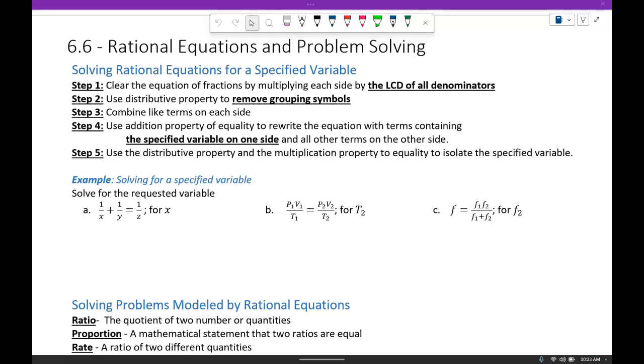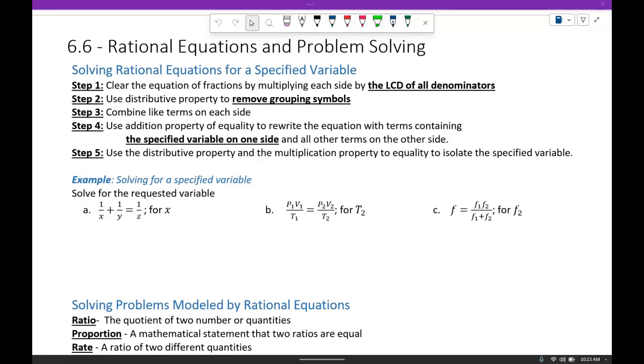We're going to be following a lot of the steps you see here with solving rational equations, the first and most important part being multiplying all the terms in the equation by the least common denominator of all the denominators. Then we're going to be using a combination of distributive property, combining like terms, and addition and multiplication properties to isolate the variable.